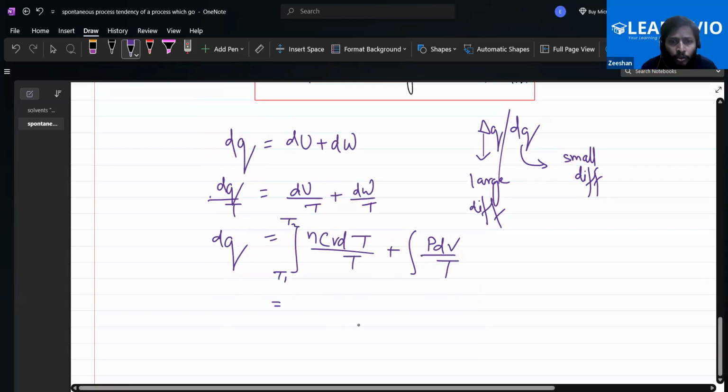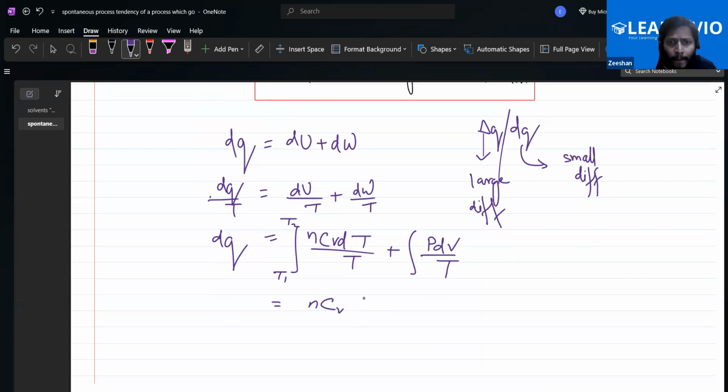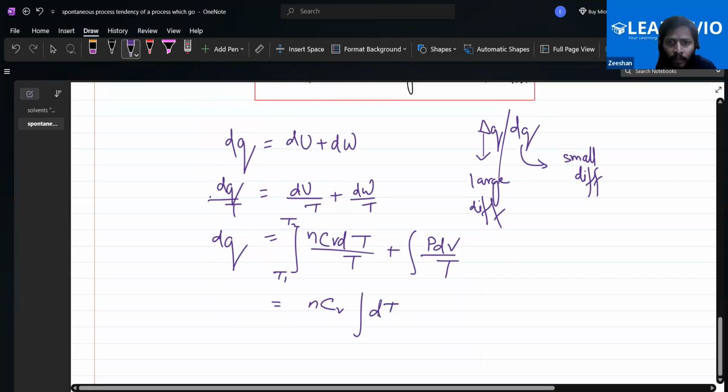So n will not change with respect to temperature. Cv will also not change with respect to temperature, right? So we will have this term.